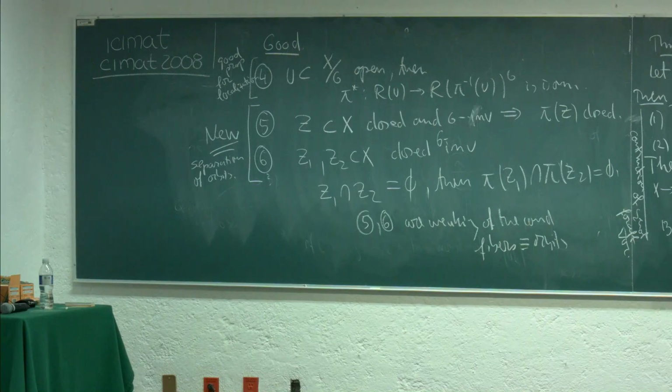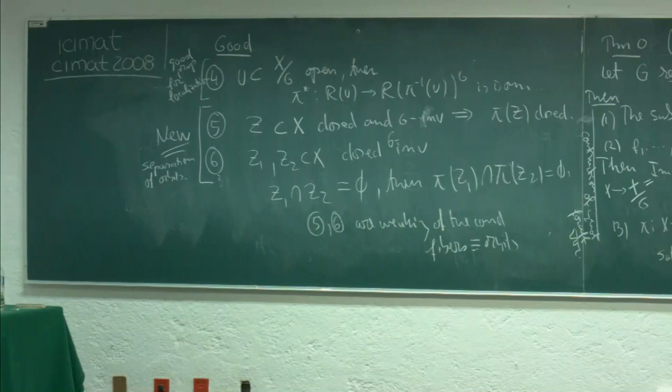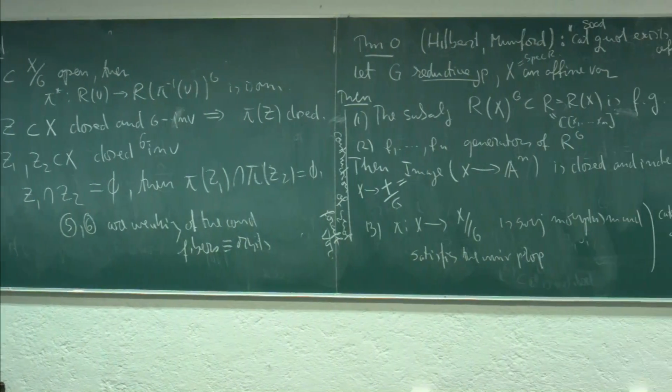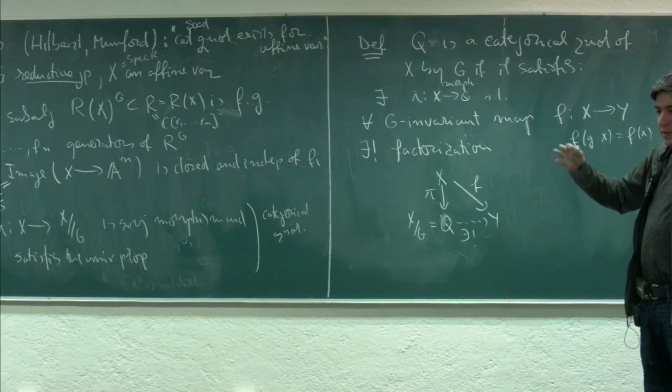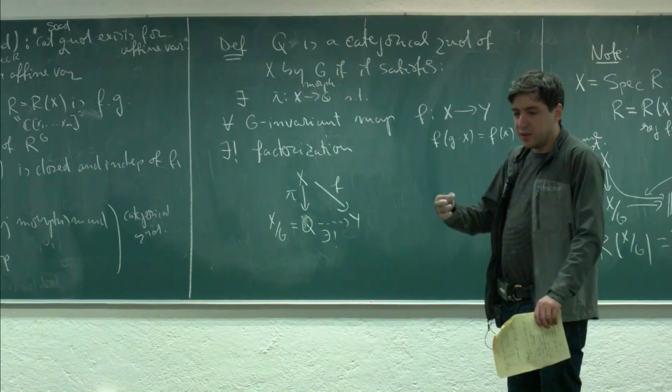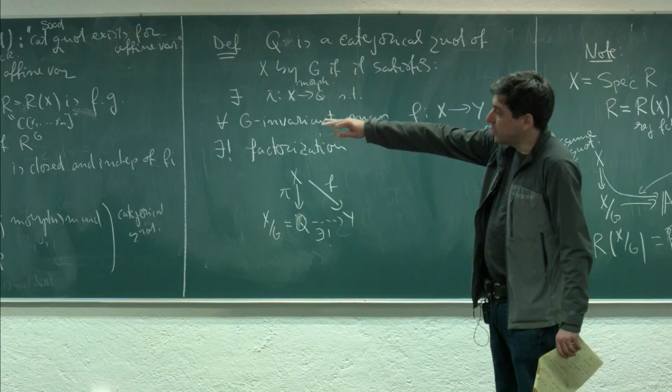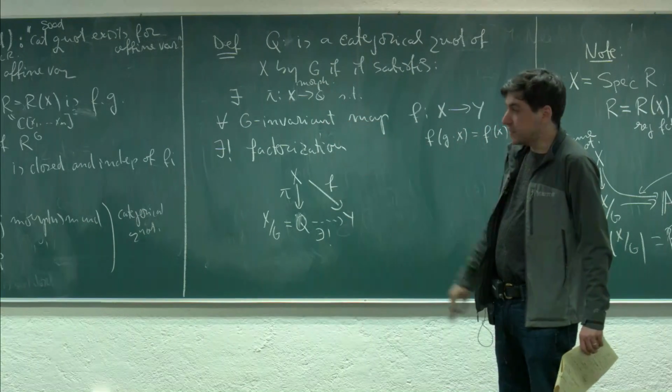So all the other conditions hold on the nose. We just need to weaken a bit, and this was the original example, the condition that fibers are exactly the orbits. And this is what you can do. This is 5 and 6.